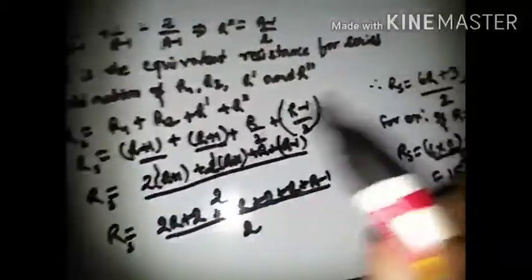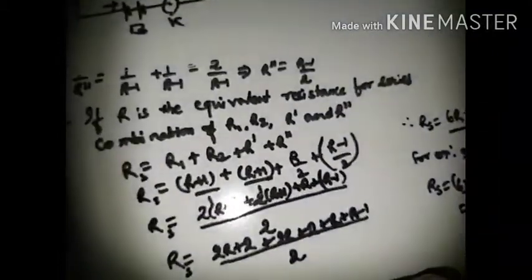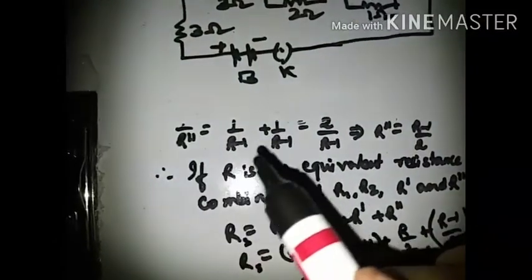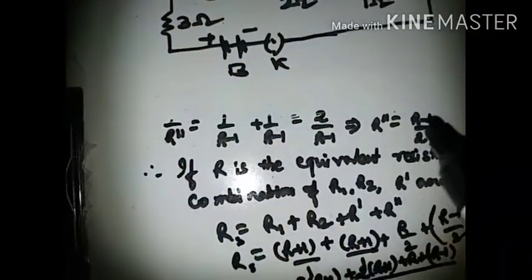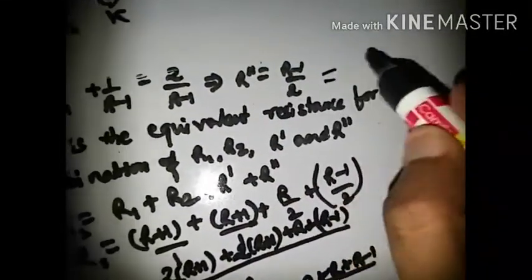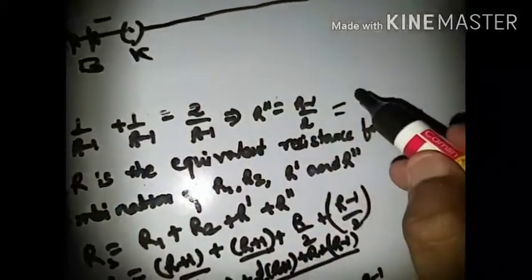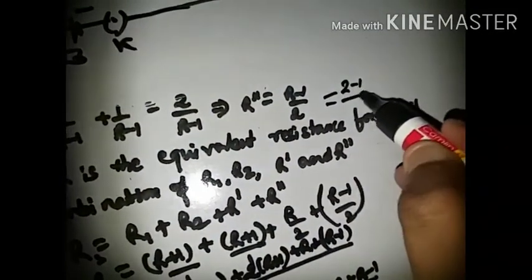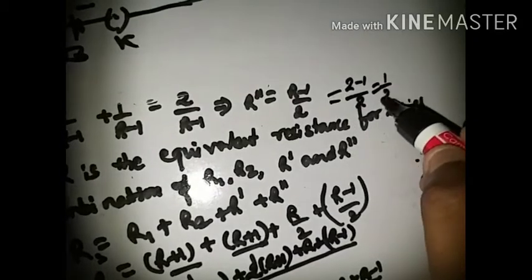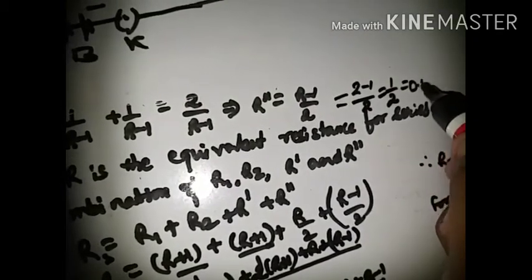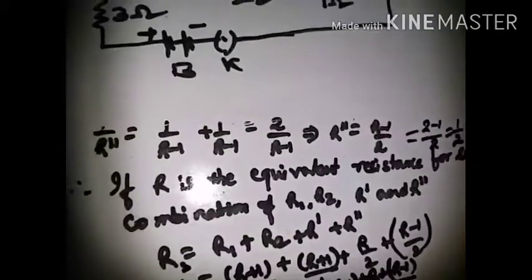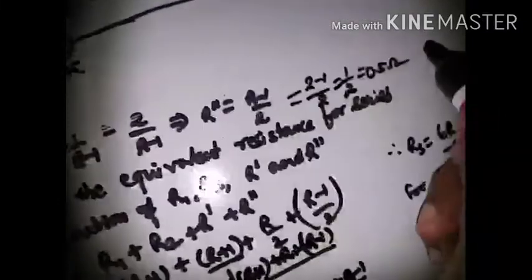Now let us see, instead of this general calculation, if we substitute R equal to 2 ohms, whether we can get the same result. Let us begin with R double dash. See what R double dash turns out to be when R is 2. So it will become 2 minus 1 by 2, that is 1 by 2, and that is 0.5 ohm.